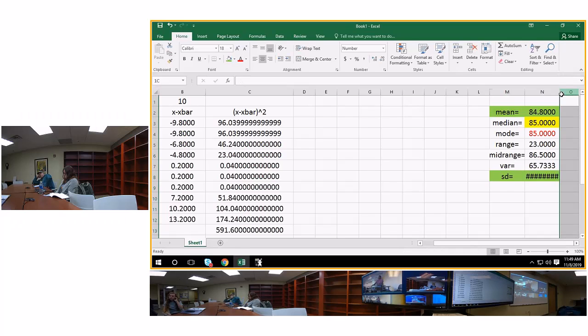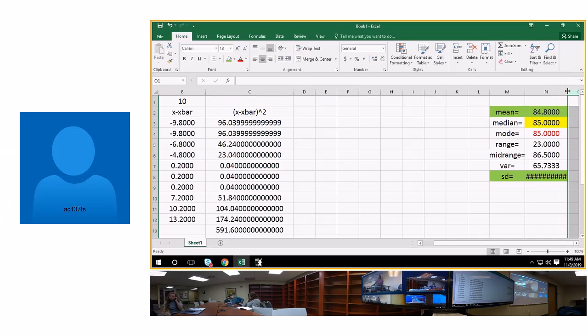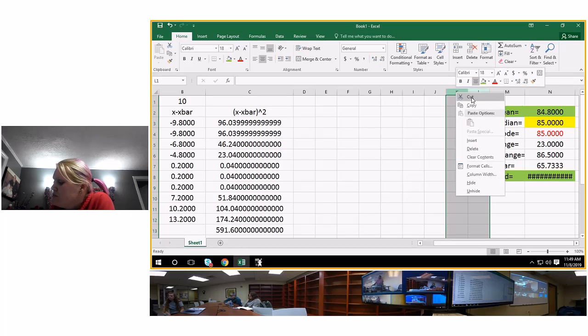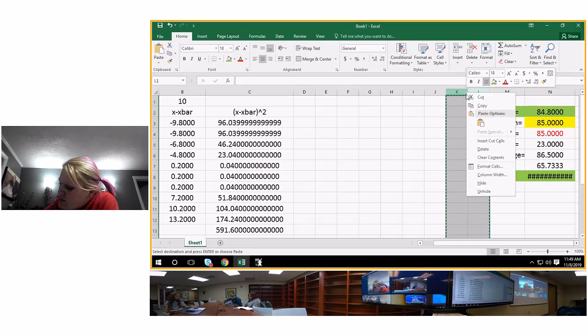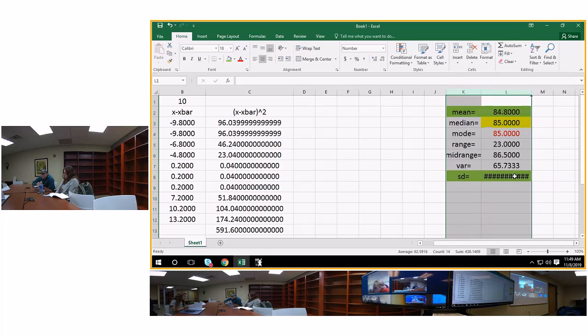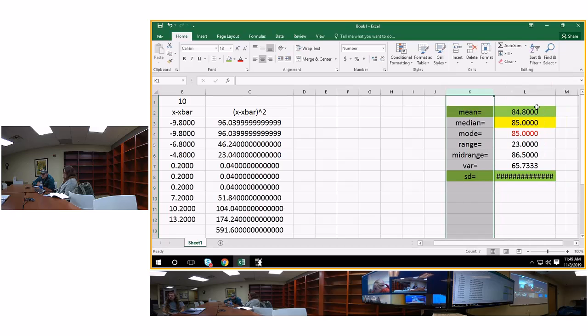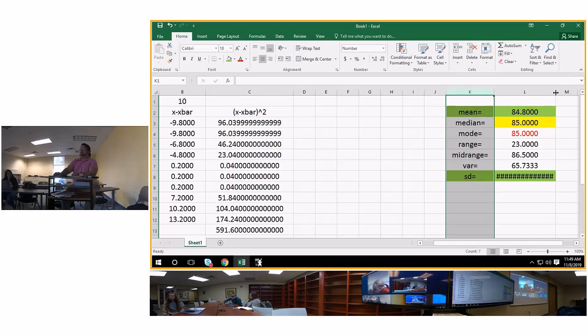That's standard deviation. What are the 3 numbers that you need to watch? Is it mean, median, right?